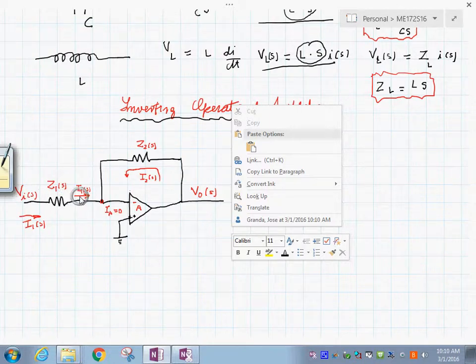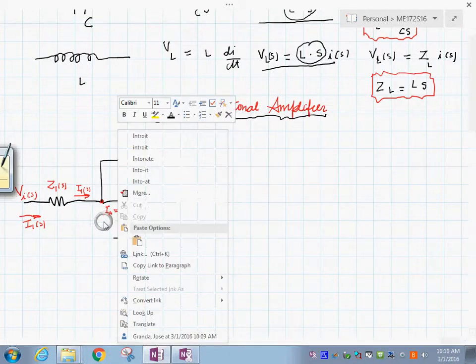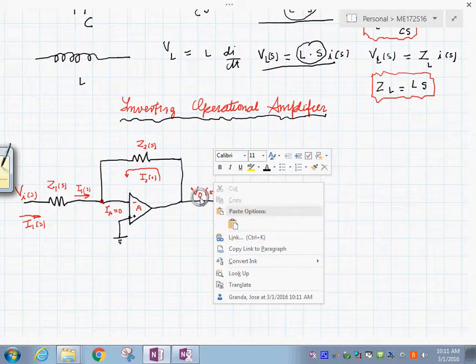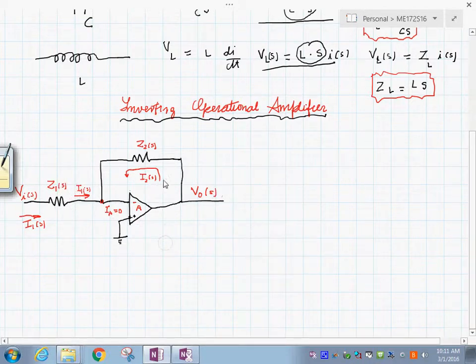So if you take a look at just the operational amplifier, why don't we put a little, you could say, details of the op amp.